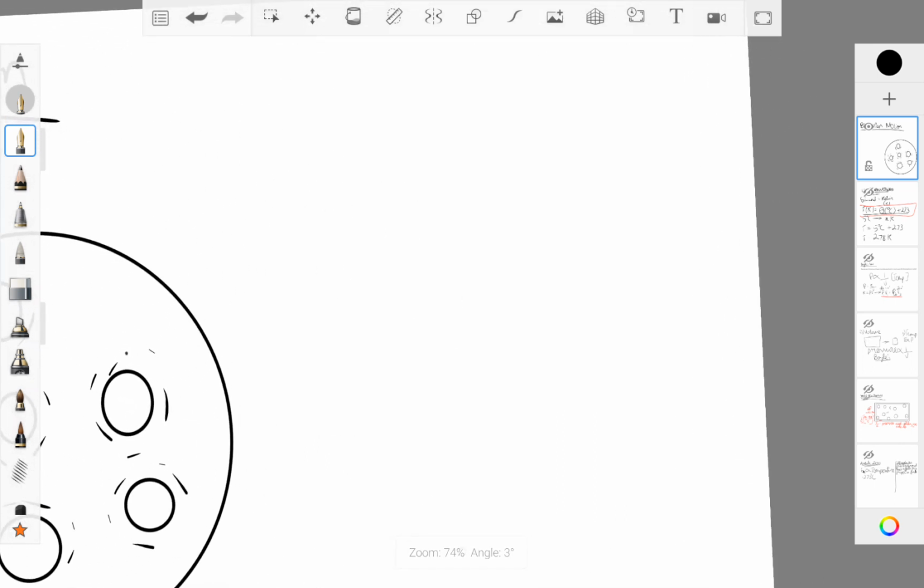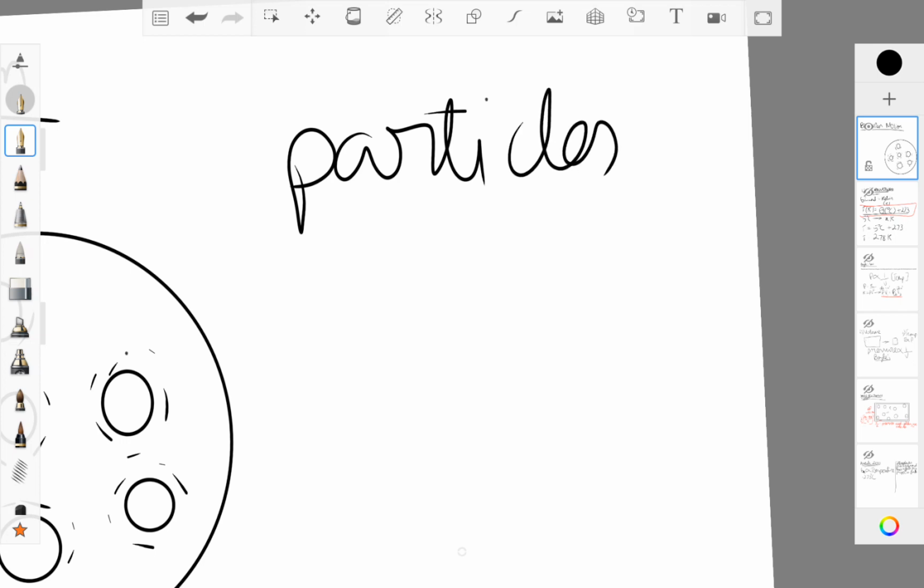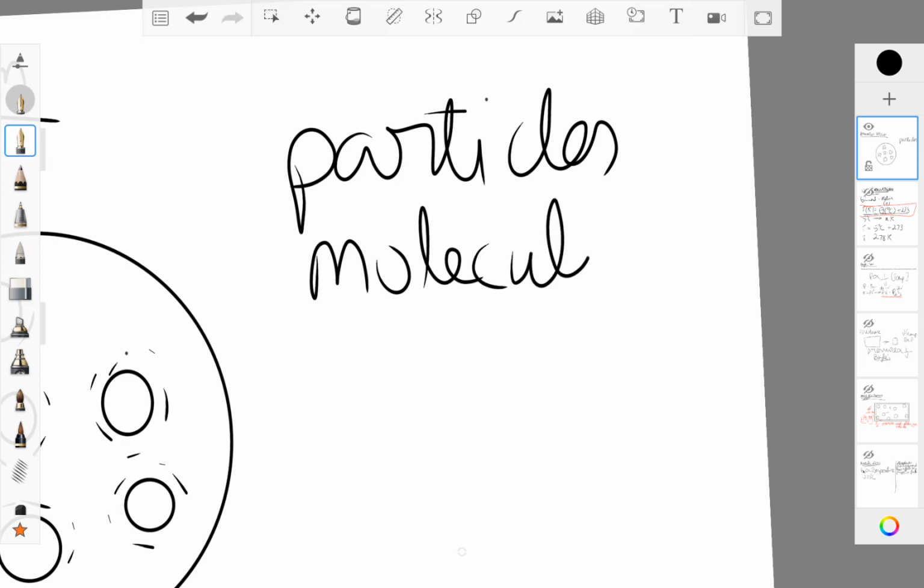So you should know when to use the term particles and when to use something like molecules. When you're referring to air or water, use molecules, and when you're referring to larger particles, you use particles.